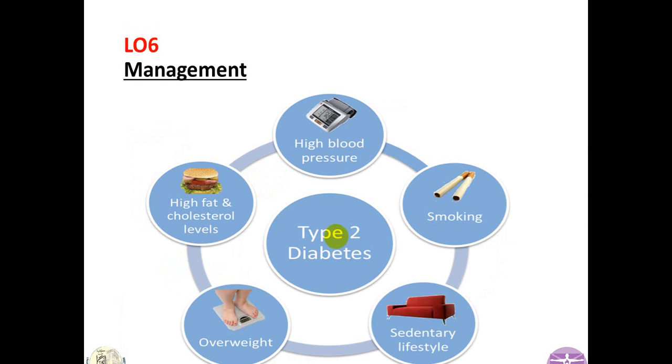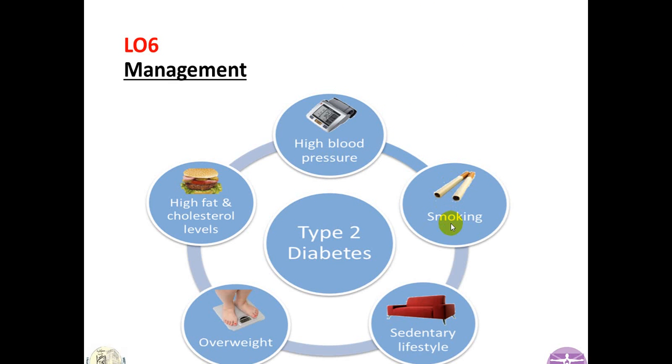But remember, when you treat a patient with type 2 diabetes, remember he has other comorbidities. And by comorbidities, we mean other conditions associated with diabetes. Usually he will have hypertension, so we need to treat his high blood pressure. If he is a smoker, he should quit smoking.